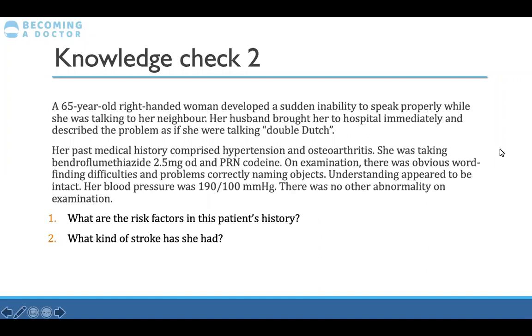Arthritis, I'm not really sure. That probably shows that she's old and therefore at a higher risk for stroke. Good job, everyone. So what kind of stroke has she had? Let's think about the 2 main types of stroke and which one you think she's had.